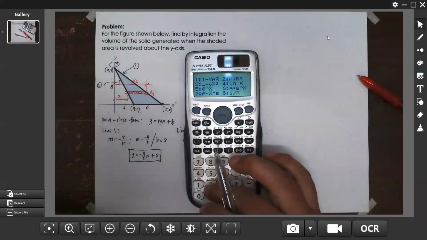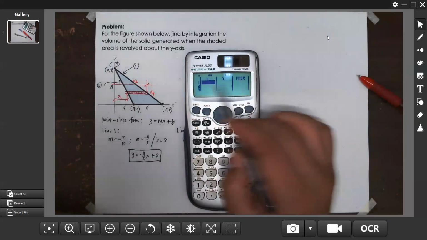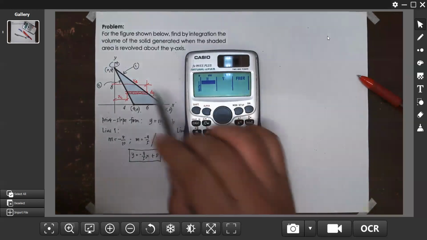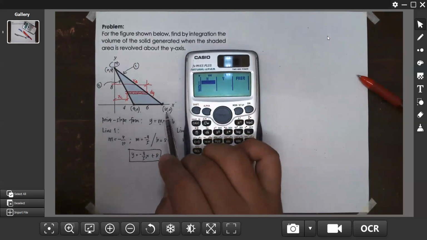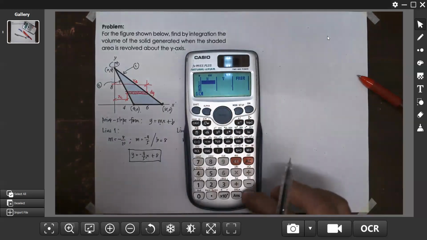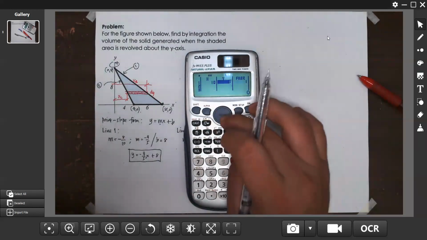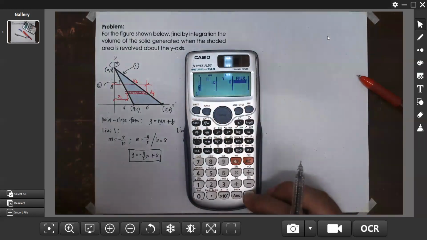So we'll use this, and we use two points. For line number 1, we use these points, (10, 0) and (0, 8), with frequency 1.